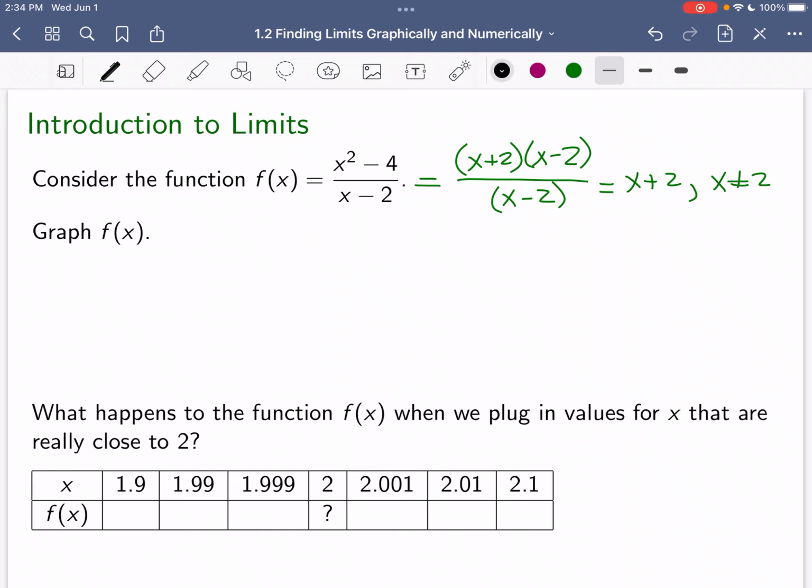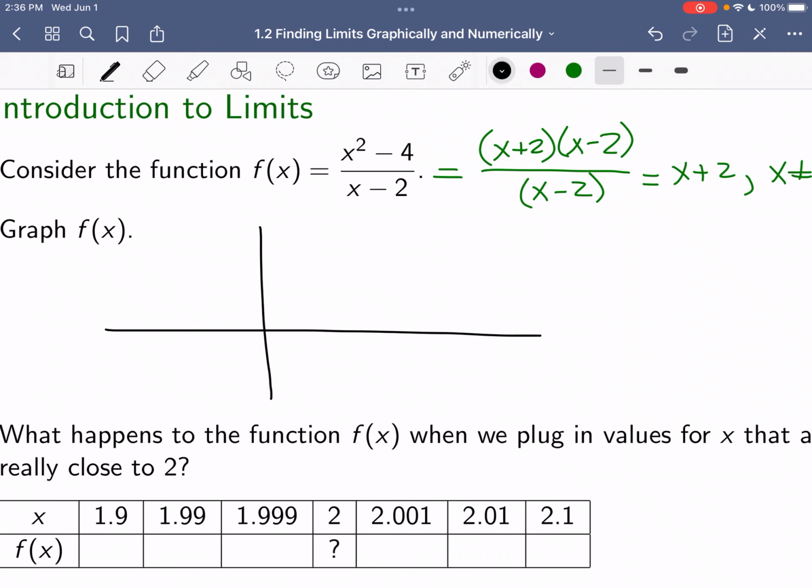If we were to graph this then, this looks like y equals x plus 2.